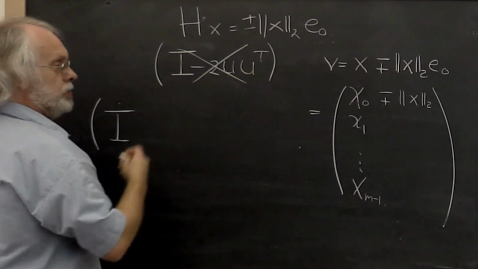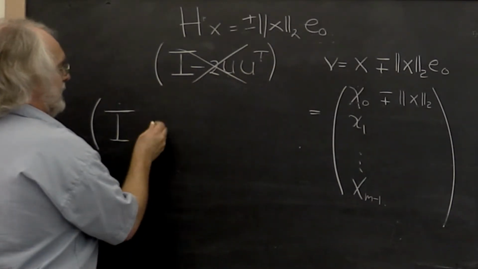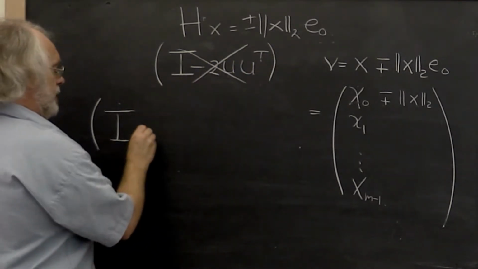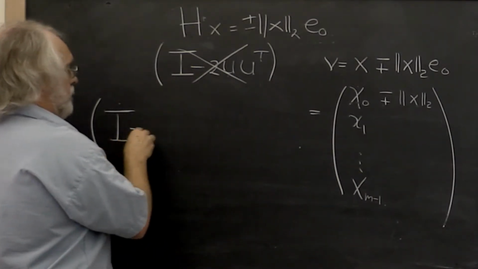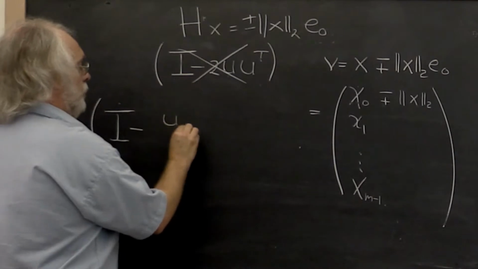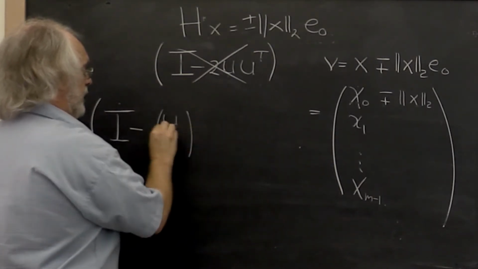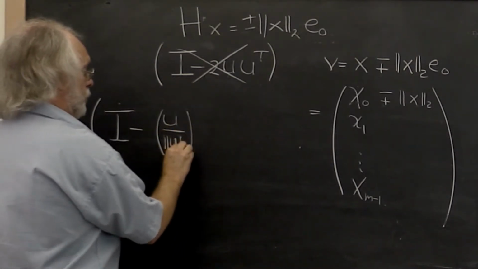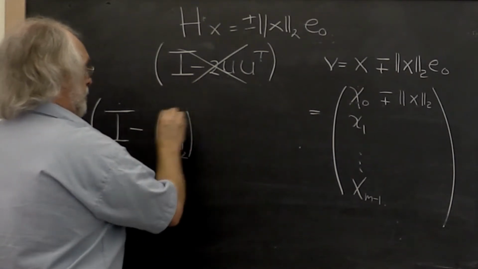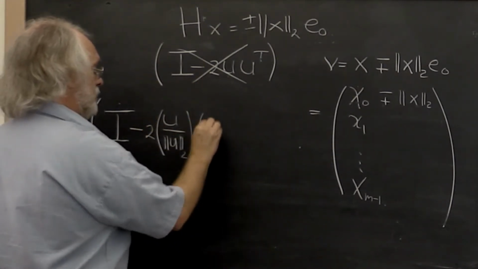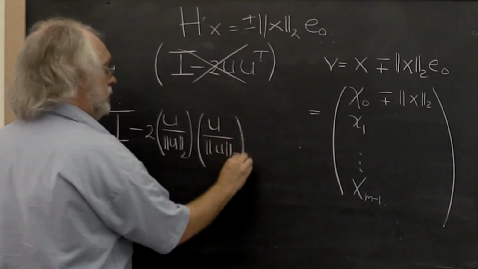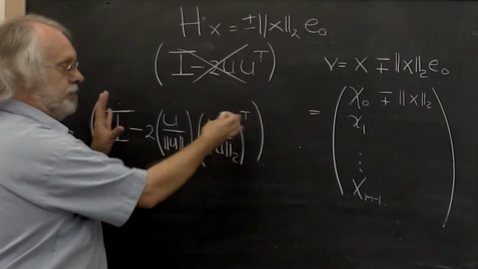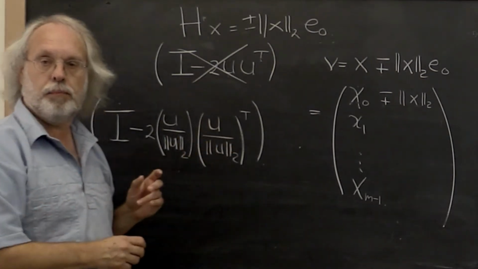We're going to show how to compute it from v, but instead of formulating the Householder transform like that, we're going to formulate it as I minus 2 times u divided by the 2-norm of u, times u divided by the 2-norm of u transpose. And it's pretty obvious how to generalize that to the complex case.